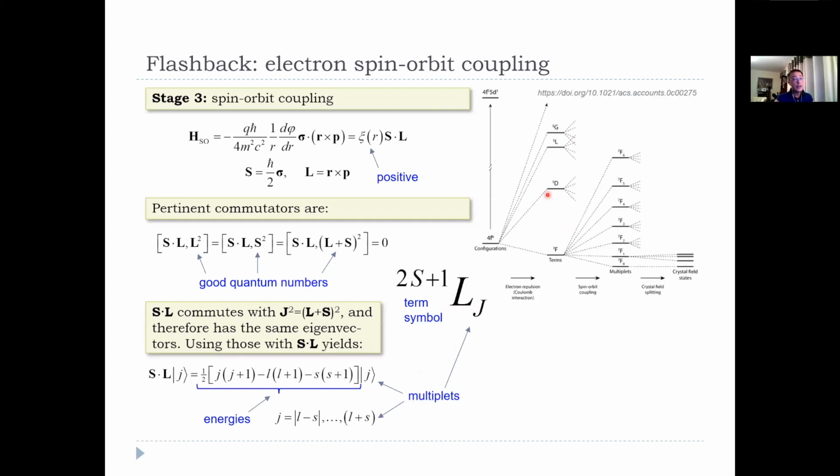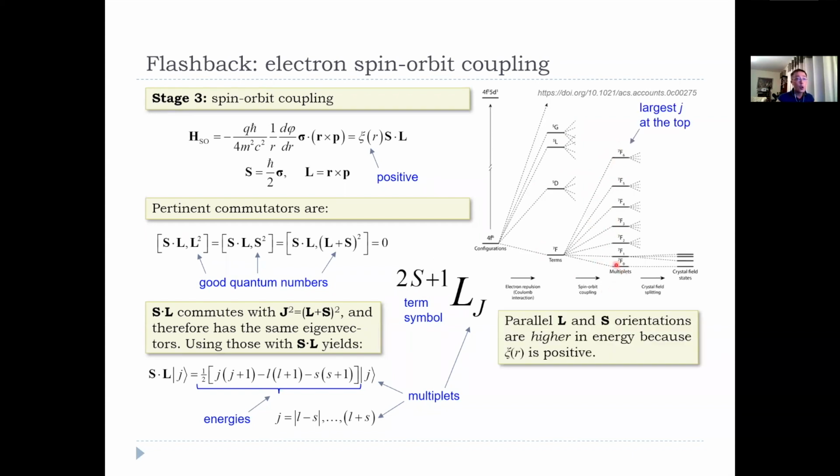And in any electronic structure textbook, you will remember that there was this electronic configuration that came out of the Coulomb interaction with the nucleus. Then the Coulomb interaction between the electrons split it into terms. So inter-electron repulsion gets you terms. Then this spin-orbit coupling splits those terms into multiplets. And remember what I told you about this being positive.